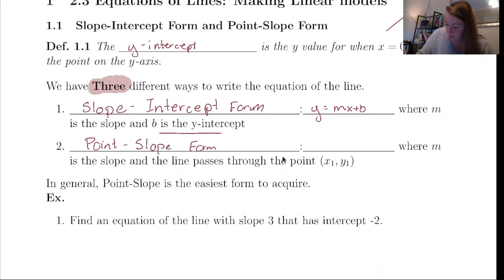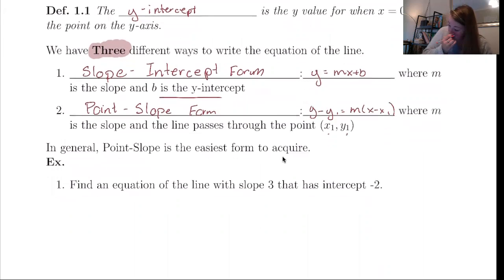So point-slope form is y minus y1 equals m times x minus x1, where m is the slope and the line passes through x1 and y1. Okay? And it has to be in these specific forms to be called that form. So we'll see that in a few examples.